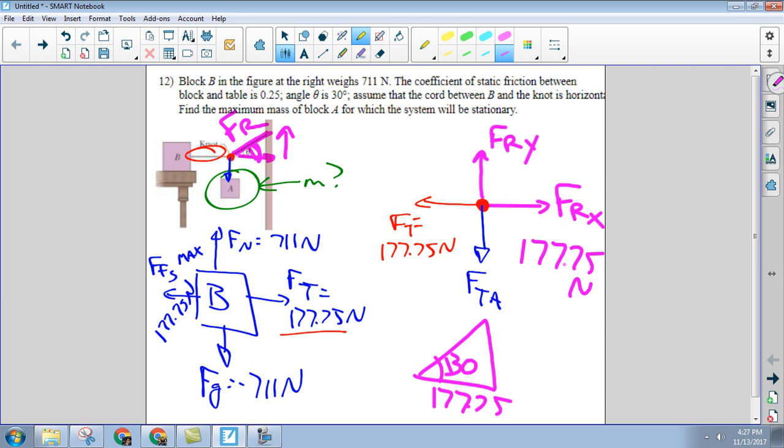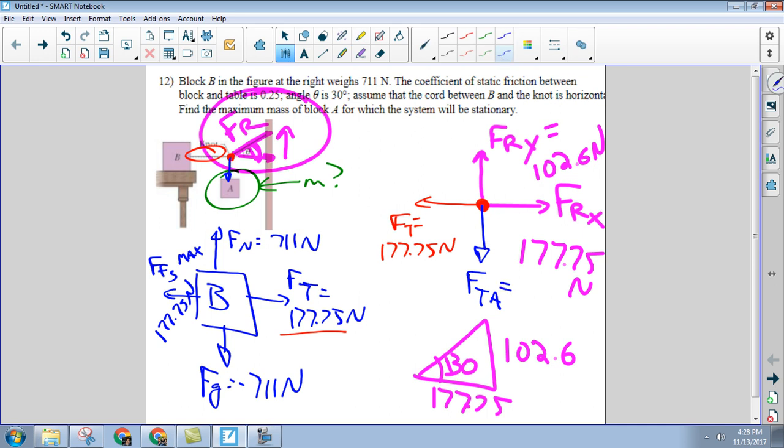If you find this guy, it turns out to be 102.6. Okay, so that is the Y component from that rope, 102.6 newtons, just by using a little bit of trig. All right. Well, that means that the tension pulling down from A has to be 102.6 newtons. Right? And that accomplishes just putting it on the cusp of moving.